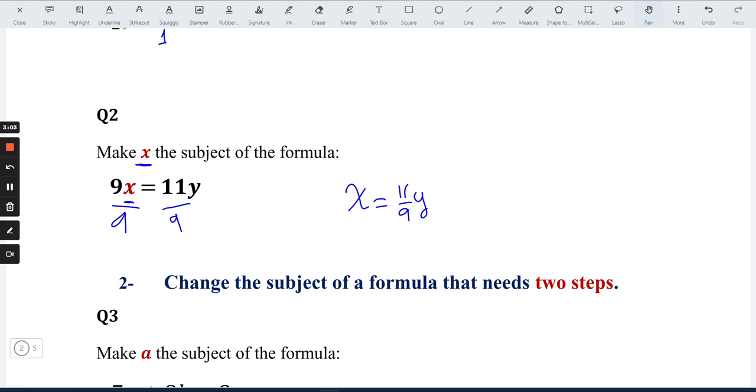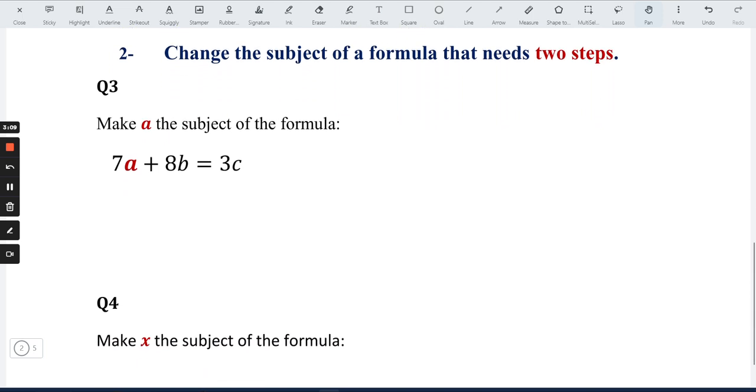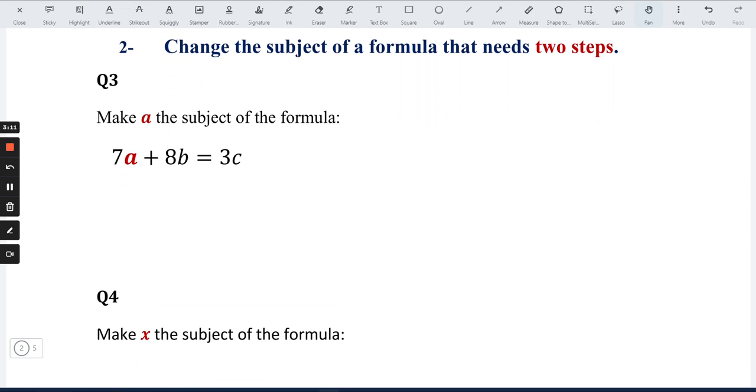Now, next questions: change the subject of a formula that needs 2 steps. That means I need to do 2 steps to make X or Y or A the subject of the formula. So here the question says make A the subject of the formula. Let's read the formula: 7a plus 8b equals 3c.